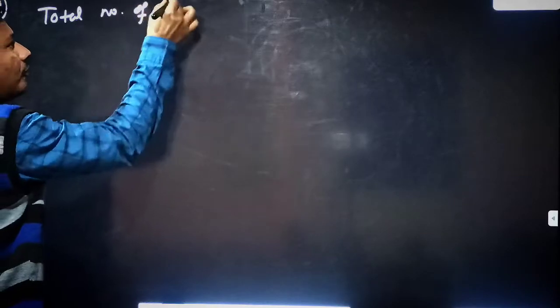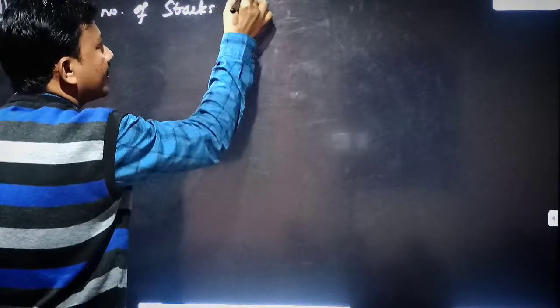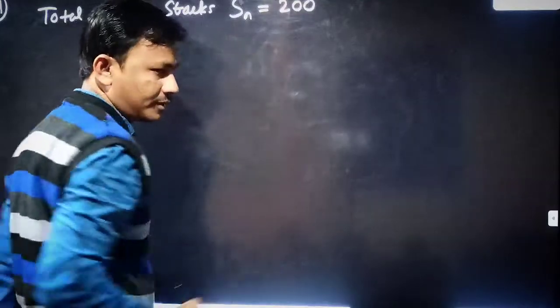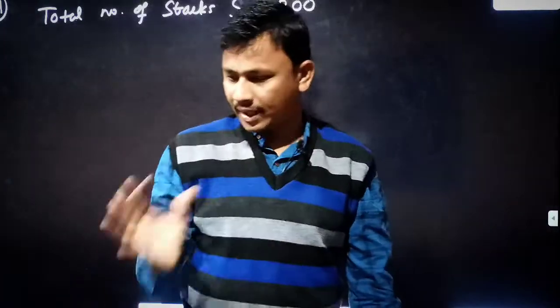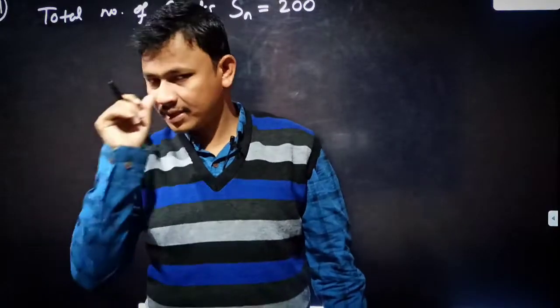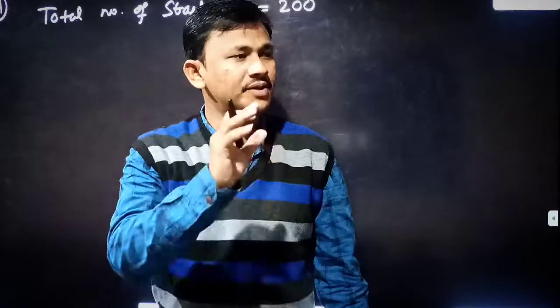Total number of stacks. What is the total number of stacks here? Sn is equal to 200. Sum of n stacks. Sn is equal to 200. Correct.